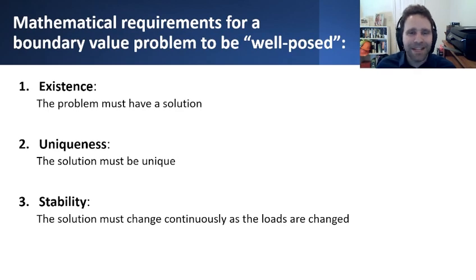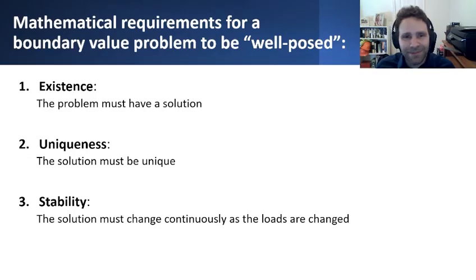The next one, uniqueness, effectively says that even if I satisfy existence of a solution, it's not necessarily the case that that solution will be unique. There might be more than one possible solution if the problem that I'm posing doesn't satisfy this uniqueness criterion.